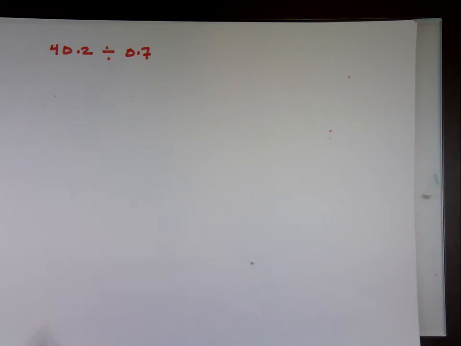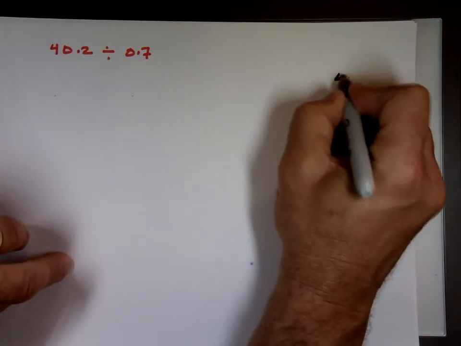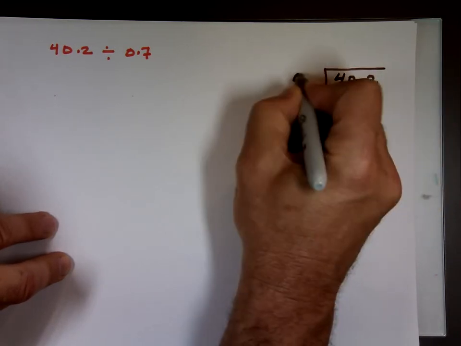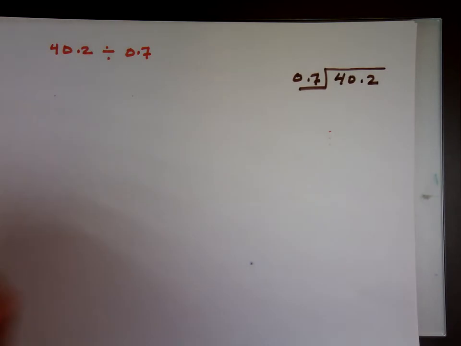Again, if you go to divide them, it looks like this: 40.2 divided by 0.7. Again, what do you notice?